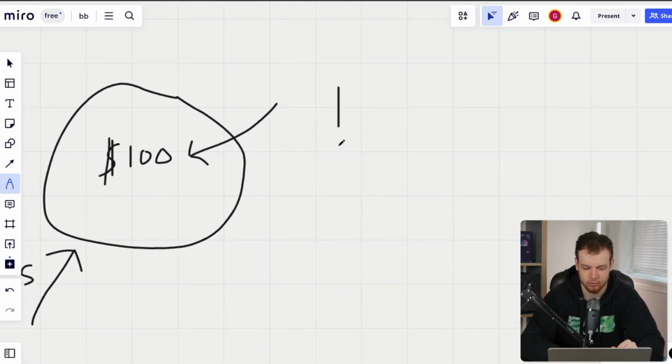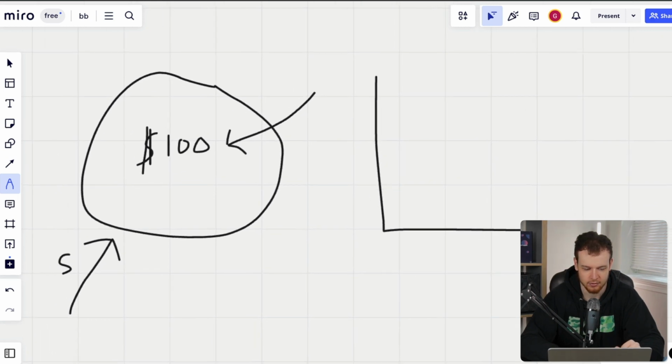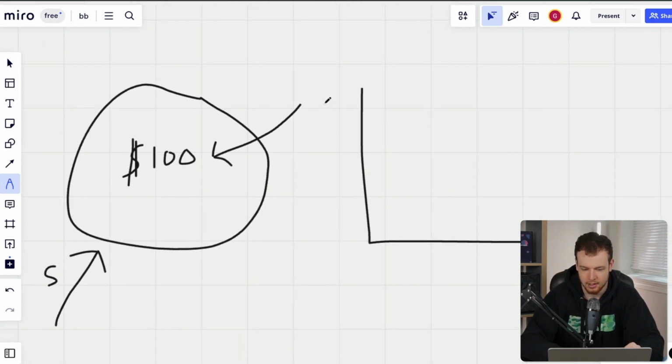So if we were to graph out the value of this staking pool over time, with the money sitting in the pool on one axis and time on the other, it does not look like a smooth line. It actually looks like this. We're at 0, we're at 0, we're at 0, we're at 0, and then all of a sudden at time 2, there's a transaction that auto adds $100. There's a single transaction that in a single block adds $100 to the value.